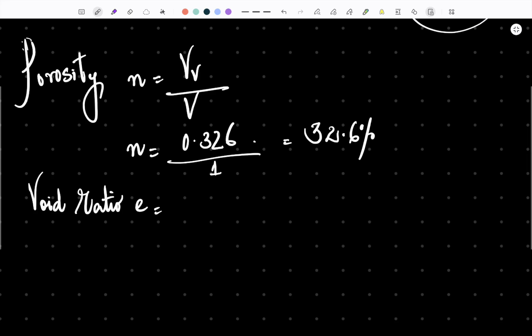Now we'll be using the relationship which relates porosity and the void ratio, and we'll be arriving at our void ratio. We know the relation is e = n divided by 1 minus n. This is the relationship between the porosity and the void ratio. Void ratio, as we know, is volume of voids divided by volume of solids.